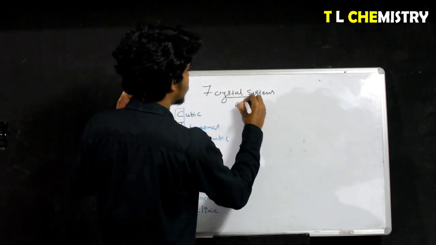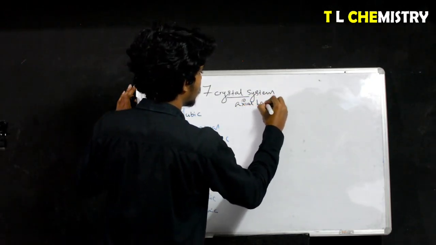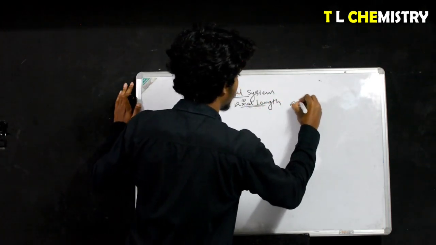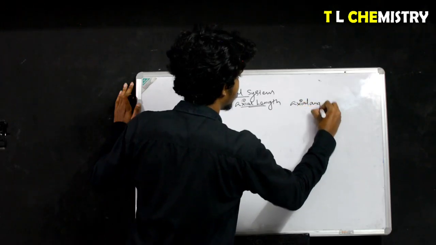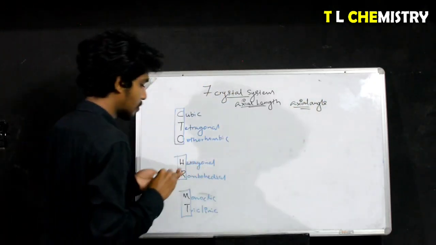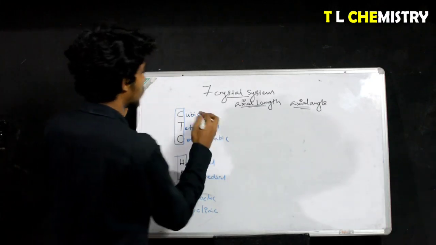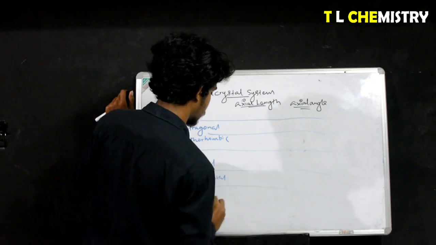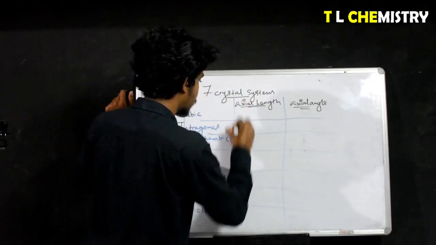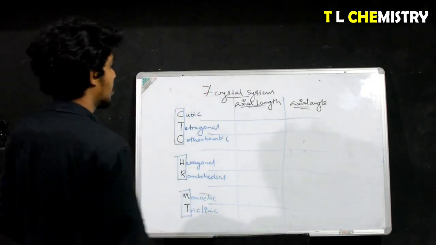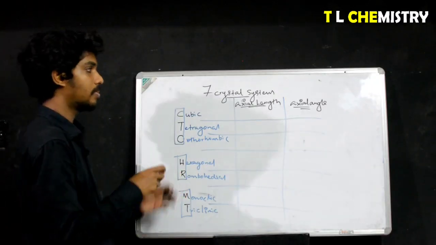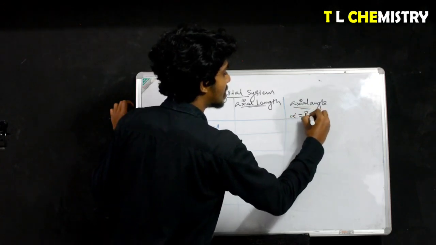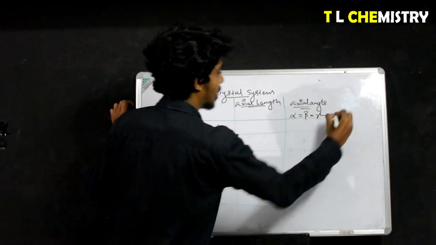Axial length, axial angle. In the cubic system, the axial angles are alpha equal to beta equal to gamma equal to 90 degrees.